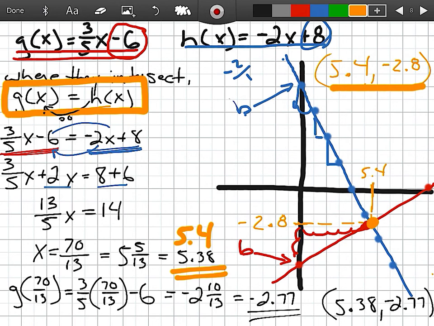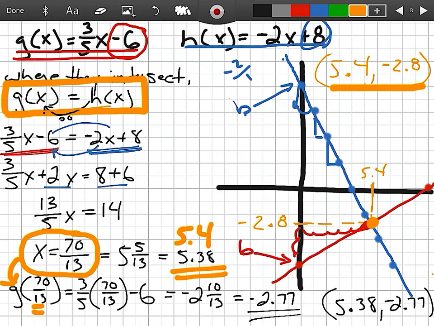So then what I need to do is take this value that I calculated for x and put it back into the equation. So this is where you use the substitution method. You're going to put it back into the equation and run a g of x using x at 70 over 13. So the value of 5.38 you put inside g of x.